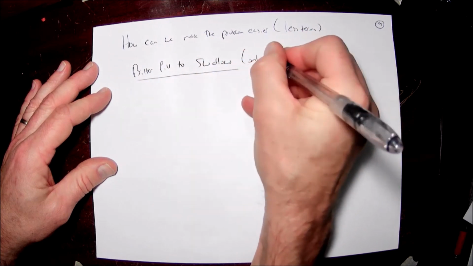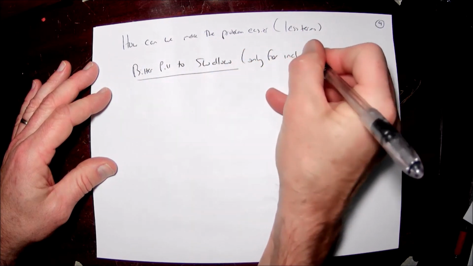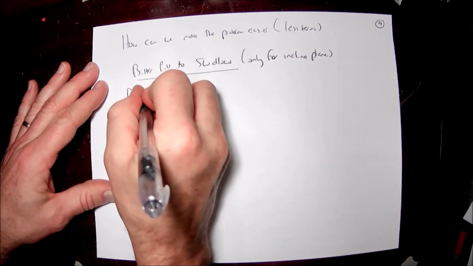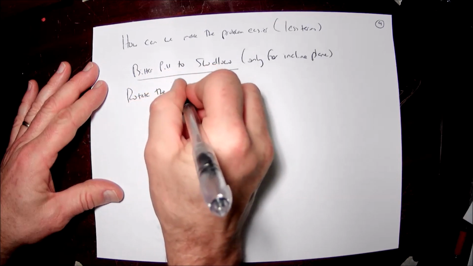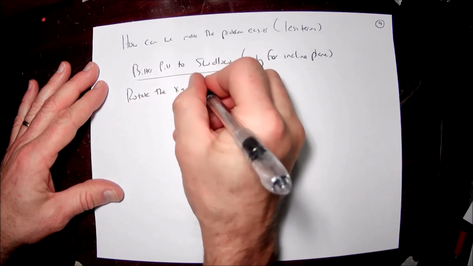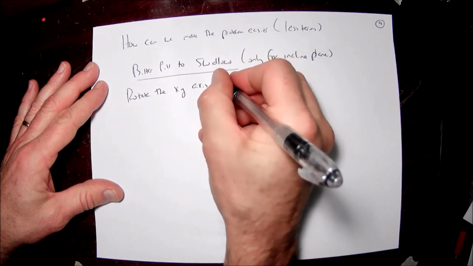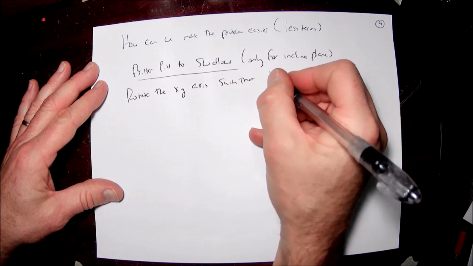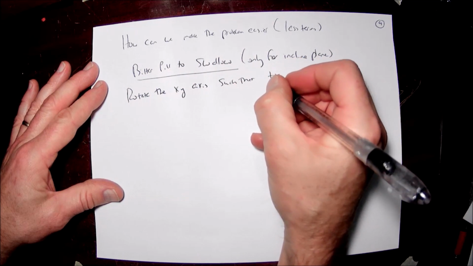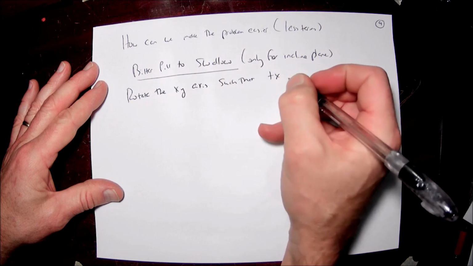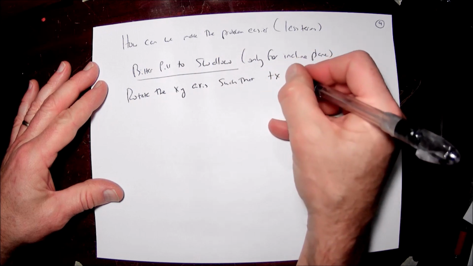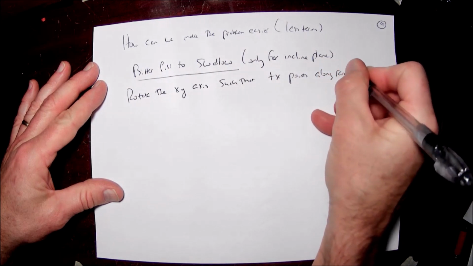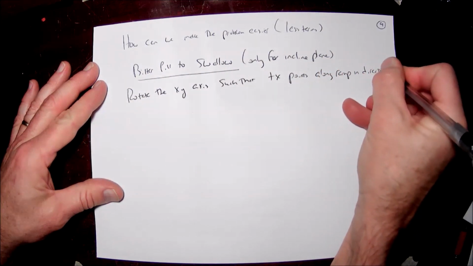And this is only for the inclined plane. We rotate the XY axes such that positive x points along the ramp, or actually, if you can make a good enough stab at it, such that positive x points along the ramp in the direction of motion.